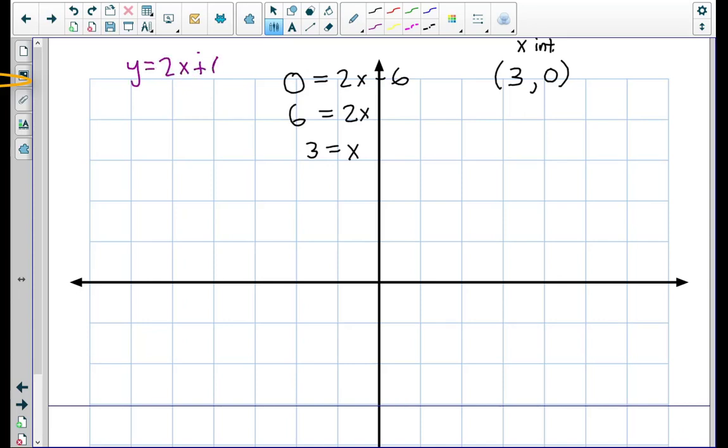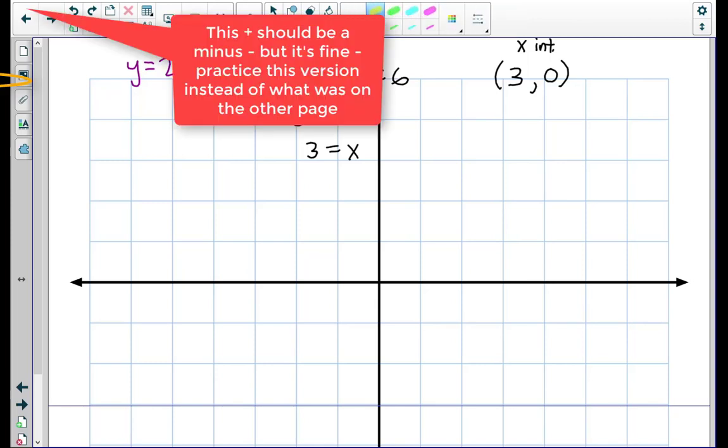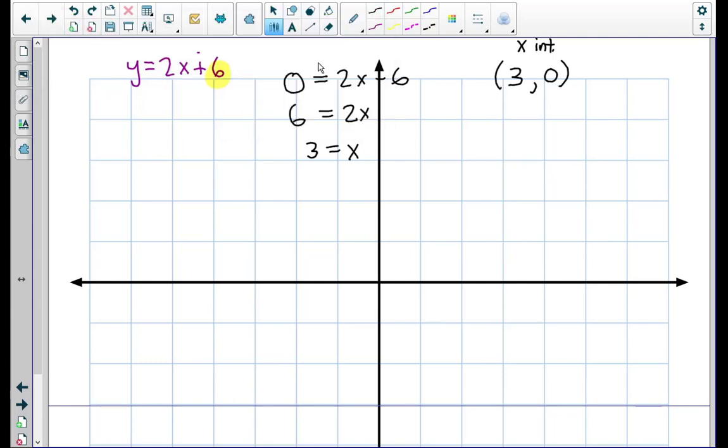To graph the line, I'm going to look at the b, which is 6, and that tells me the y value of the y-intercept. So it's 6, which is actually off the screen here. So I'm going to ignore this and pretend this is not my x-axis, otherwise it's going to be too hard to do.